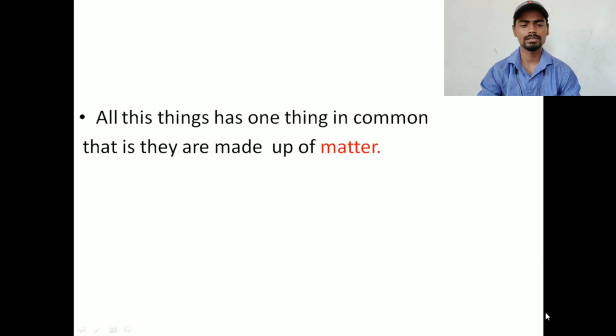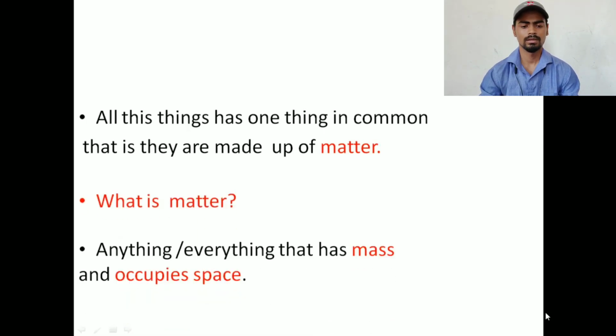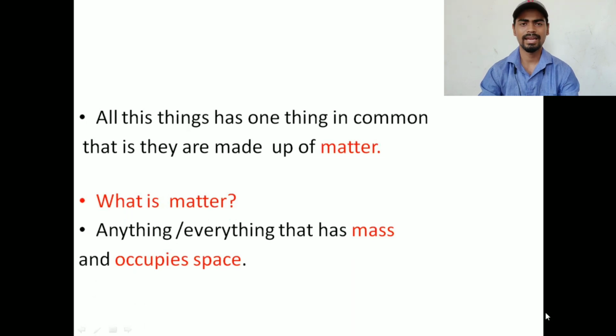So let us understand what matter is. As you can see on the slide, the definition is already written: matter is anything or everything that has mass and occupies space.